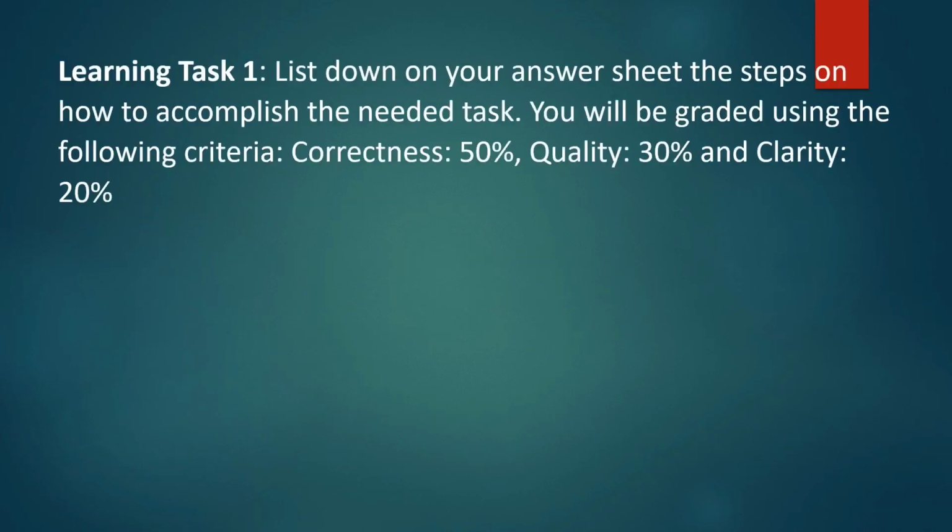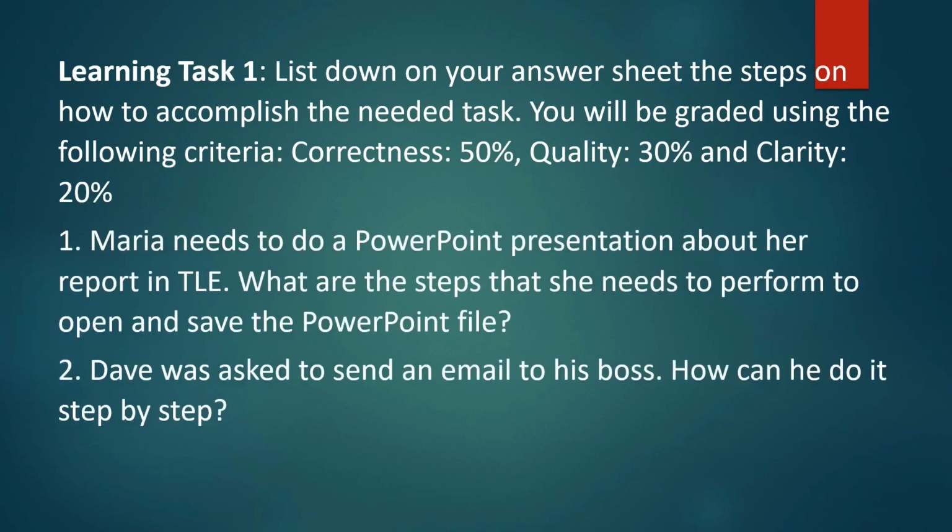For your learning task 1, list down on your answer sheet the steps on how to accomplish the needed task. You will be graded using the following criteria: correctness 50%, quality 30%, and clarity 20%. Number 1.